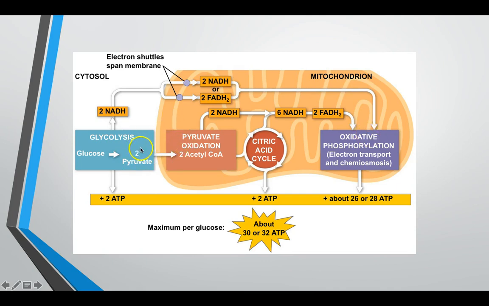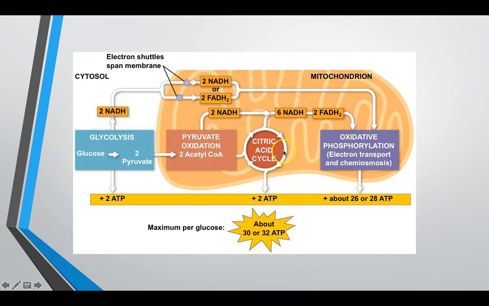The pyruvate molecules will enter into the mitochondria and undergo oxidation to become 2 acetyl coenzyme A molecules. That process releases carbon dioxide as a byproduct and also generates 2 NADH. Those NADH will also move on to the oxidative phosphorylation process.